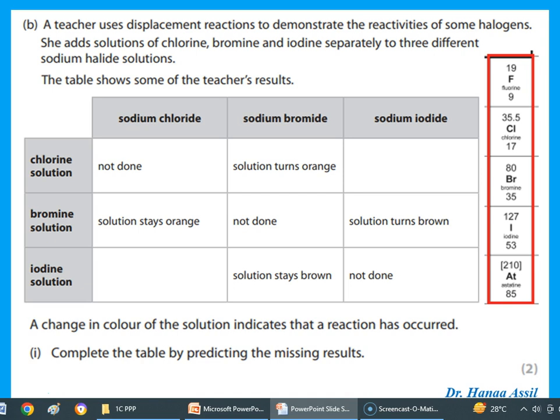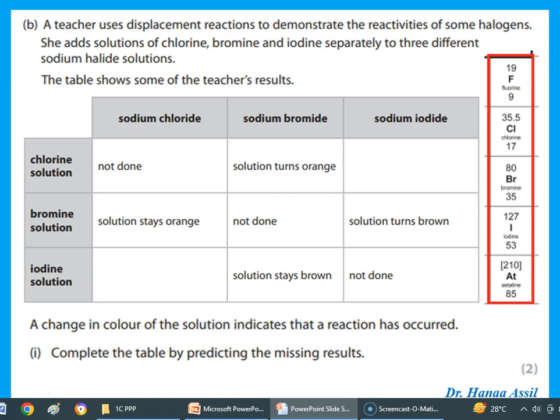So if we add chlorine solution to sodium bromide, the chlorine is more reactive than bromine, so the solution turns orange. This is because the chlorine displaces the bromine and bromine solution is orange.